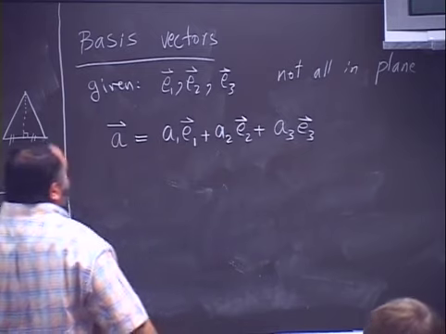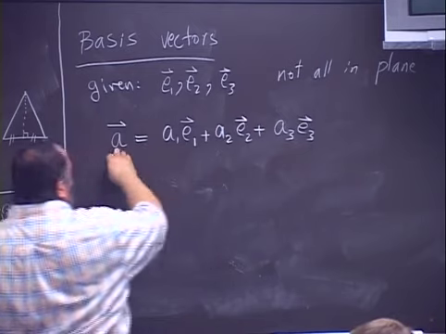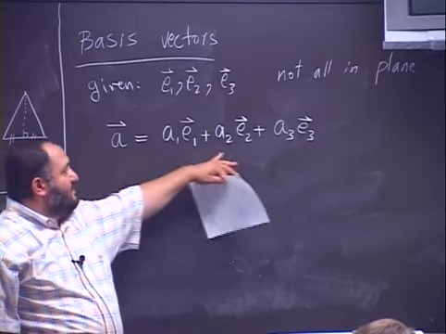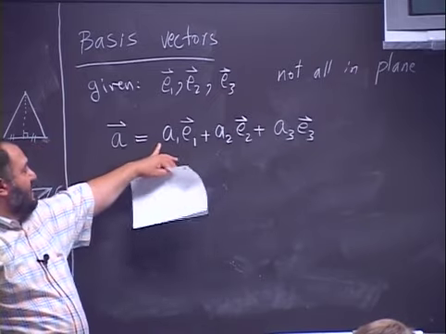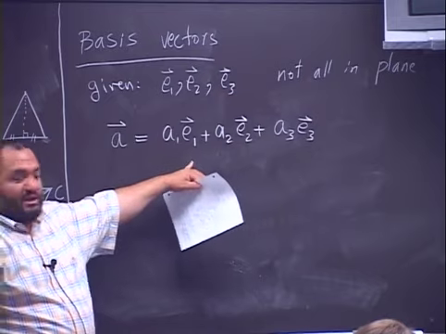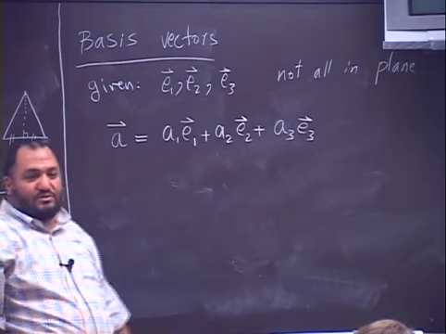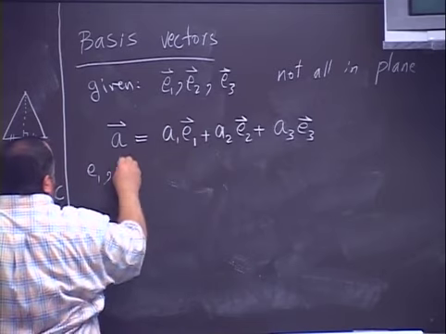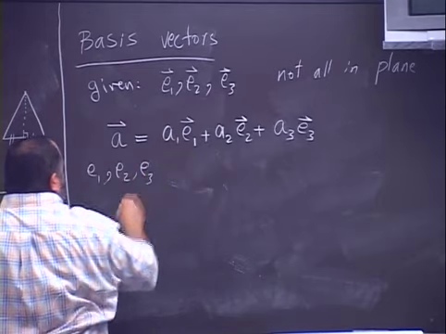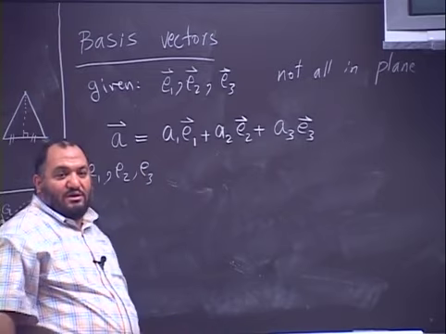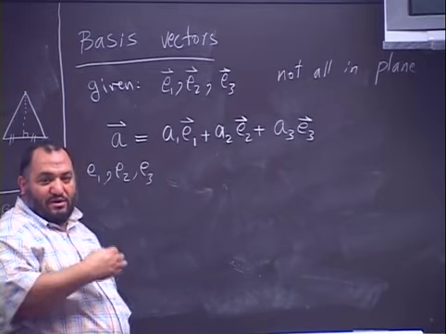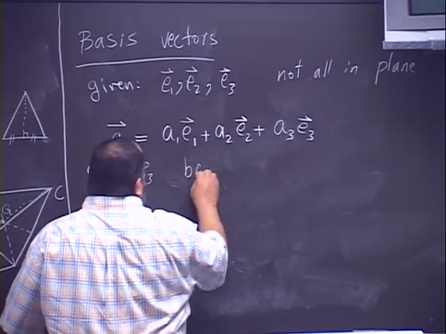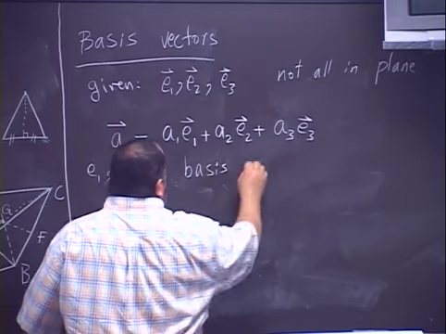Because we will be able to represent any vector as just a scalar component multiplied by the relevant three vectors, we will call those vectors basis vectors. It will be obvious in a second, in three-dimensional Cartesian coordinates, what the three basis vectors are.